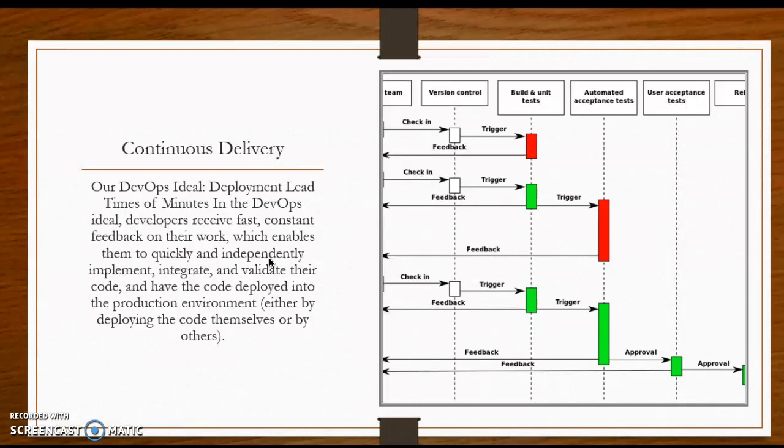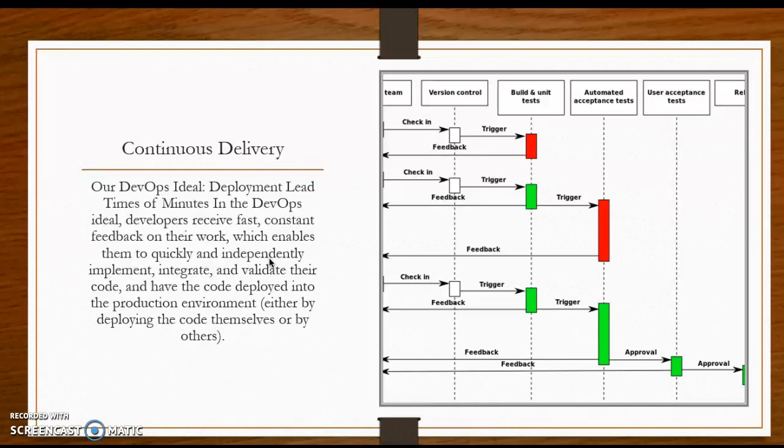Continuous delivery. In the book, it also says our DevOps ideal is deployment lead times of minutes. In the DevOps ideal, developers receive fast, constant feedback on their work, which enables them to quickly and independently implement, integrate, and validate their code, and have the code deployed into the production environment either by deploying the code themselves or by others.